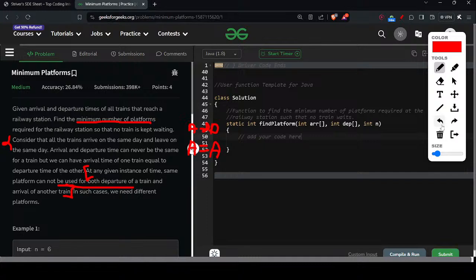Two trains can have the same arrival time. One train can never have the same arrival and departure time. So quite simple. Let's dive into the example.